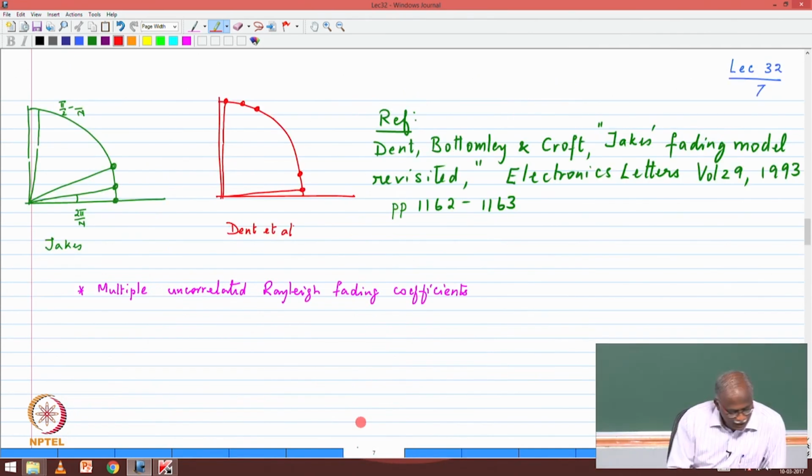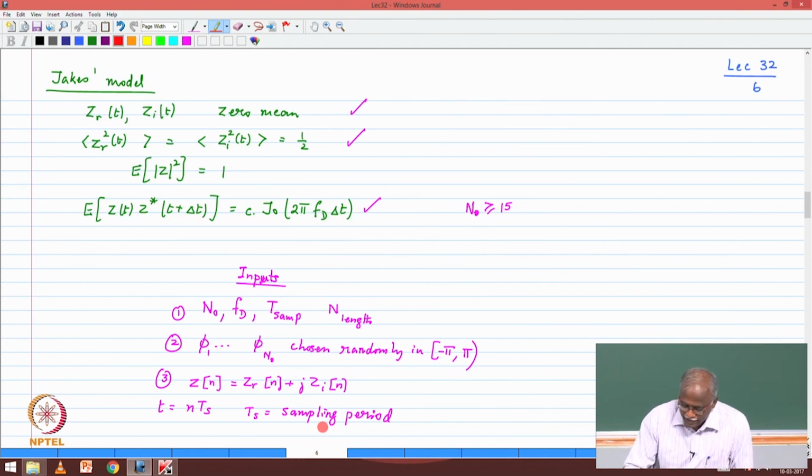Okay. So, to summarize the Jakes model, I'll just add a couple of comments to the right hand side. We have used the following results in our derivation.